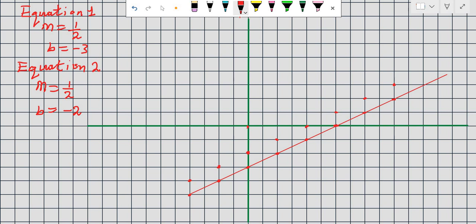All right, so the first counting should have been 1 step up, 2 steps to the right, not 1 step up, 2 steps to the left. 1 step up, 2 steps to the right, repeated, and that gave us all of the points that you have up here. So now we have all of these points. Let's draw a straight line to connect them. Okay, so let's connect all the points.